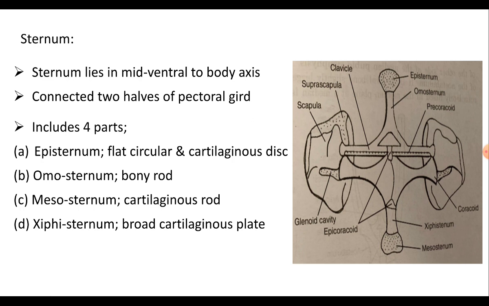The Mesosternum is a cartilaginous rod ensheathed in bone and projecting behind the epicoracoids. The terminal broad cartilaginous plate is called the Xiphisternum. There are no ribs in the frog endoskeleton, where cartilage and bones are attached to the pectoral girdle only, and it acts as a skid.